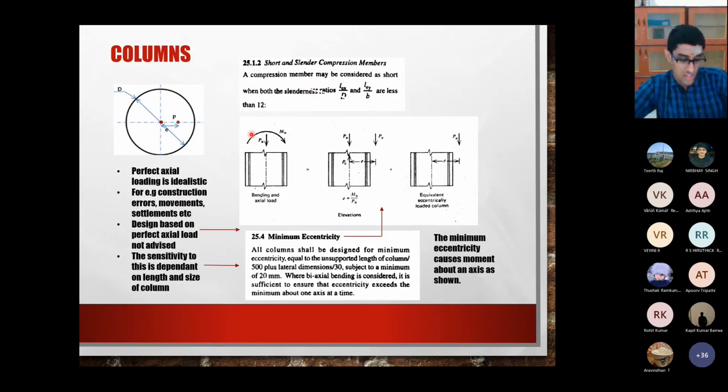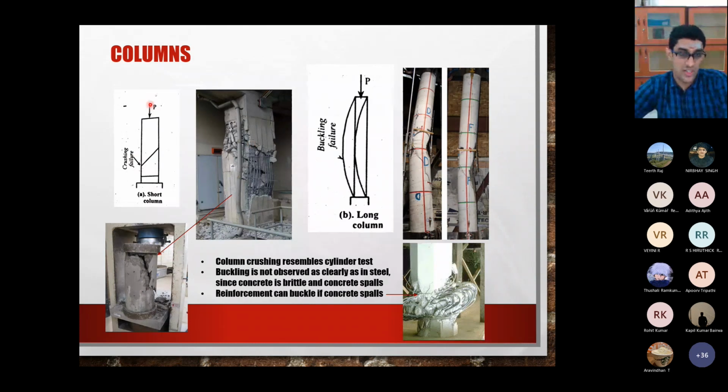These are assumptions that we make in IS 456 for the design of columns. Having a situation like the one shown in the previous slide, where the load acts exactly through the centroid, will not be achieved in real construction.